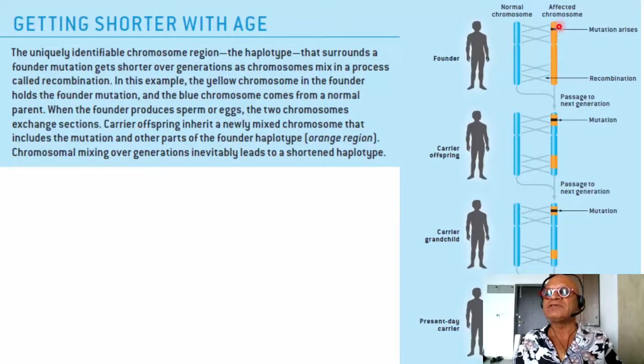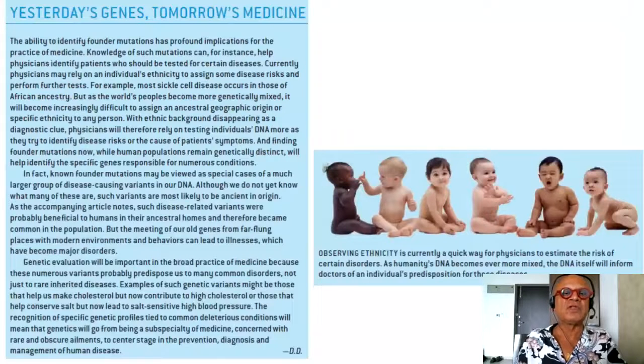So the mutation arises and recombination happens, and when the person marries another person who is not carrying the mutation, recombination carries the mutation, but now the chromosome that was carrying the mutation has been mixed to produce a shorter chromosome, and the carrier grandchild will have an even smaller piece, and then the present-day carrier over time will carry the mutation in one of the chromosomes as a shorter piece. Okay, it's kind of normal.